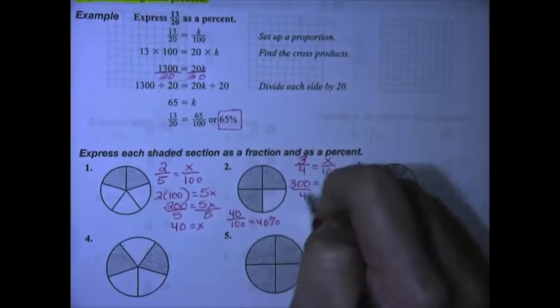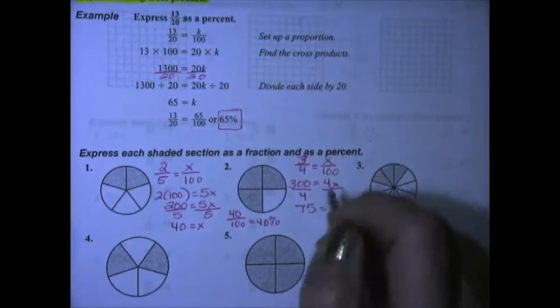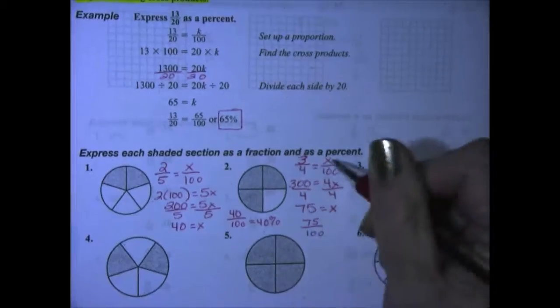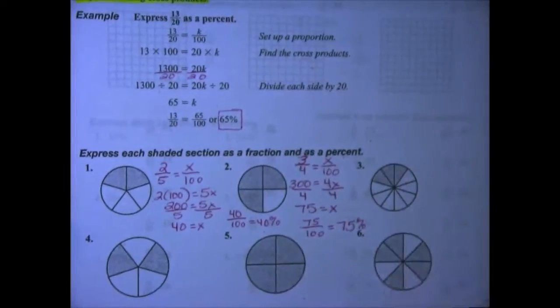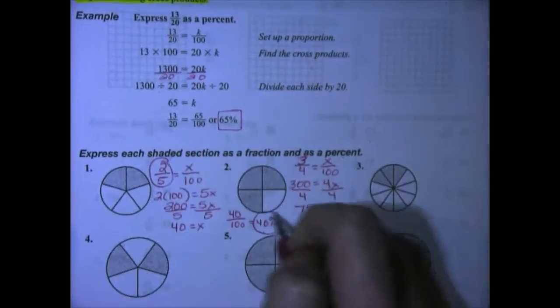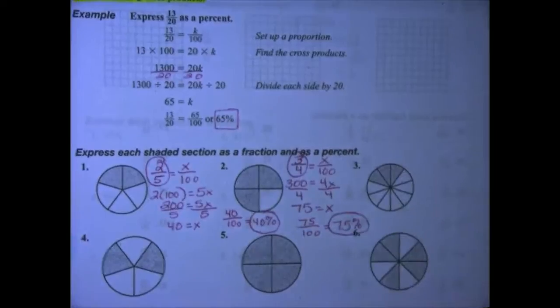Divide by 4. 300 divided by 4 is 75. So 75 over 100, because we said x is 75, so it's 75%. So here's our fraction, and here's our percent, and here's our fraction, and here's our percent.